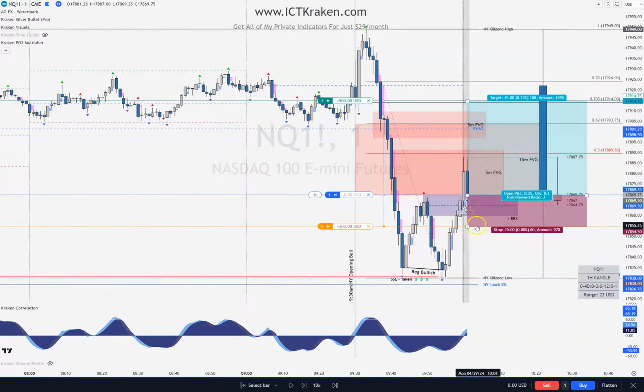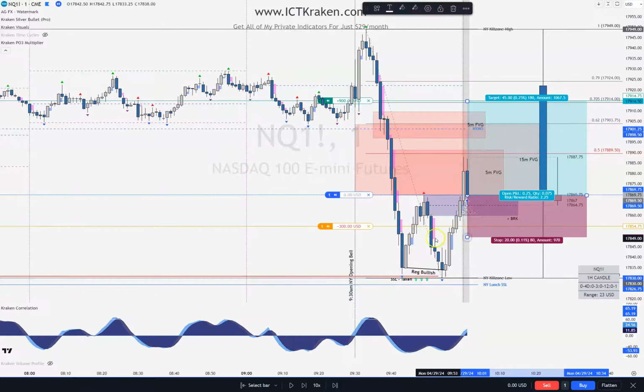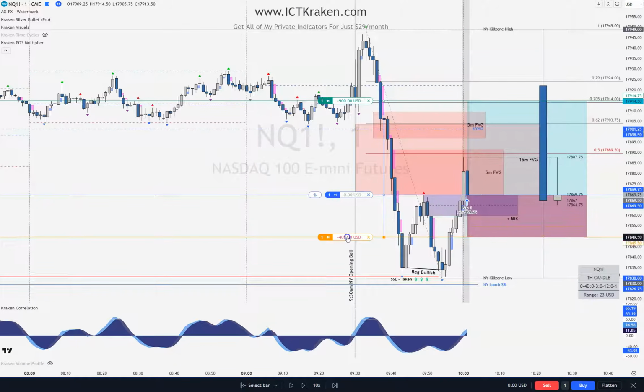Why did I go 15 points? Well, I want to be below the breaker. So you can add it to here to be 20, which should include this inversion fair value gap here, which is in the low of the candle. So let's just do that. Let's do it here like that. Let's do it 400 even. So perfect. Okay. So now it's 2.25 either way. Aiming for the middle, the 70.5.